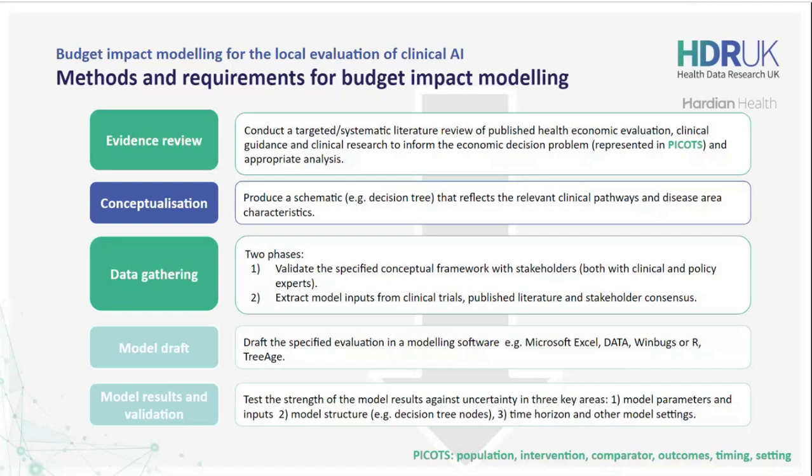Typically, there are a range of software packages that are used to do this, but typically it's Microsoft Excel. And then you move into a results phase and validation, where you're testing your base case results to extreme parameter inputs, different scenarios, and also testing the strength of the results against any uncertainty that's introduced by the assumptions that are made in the modeling process.